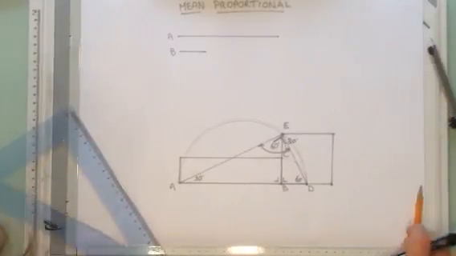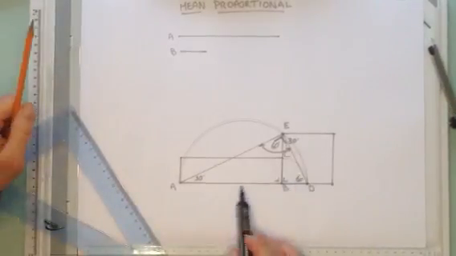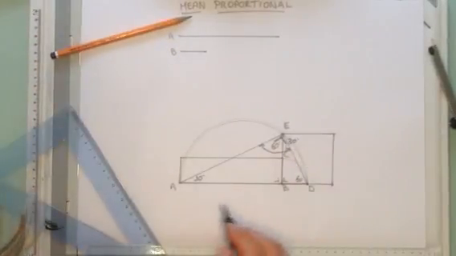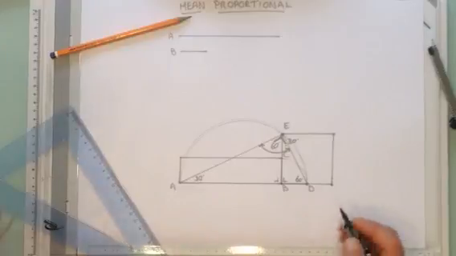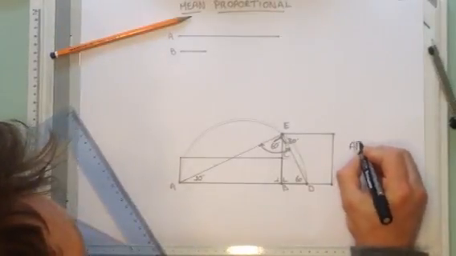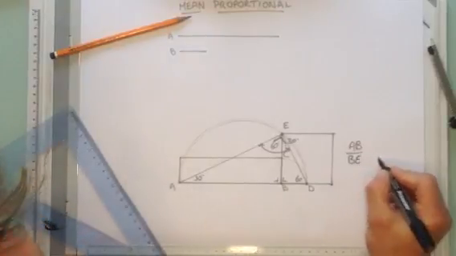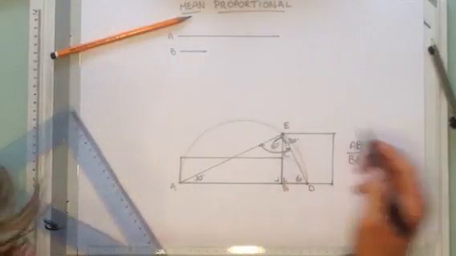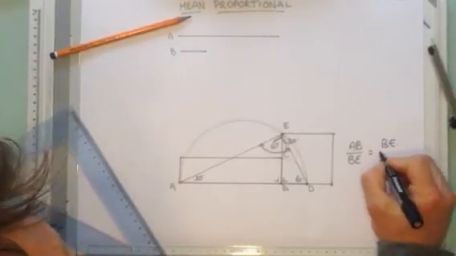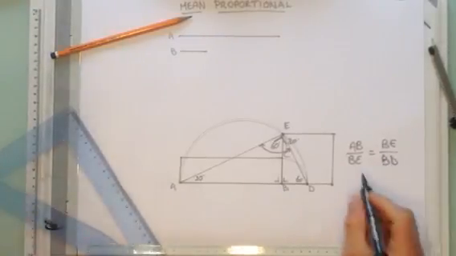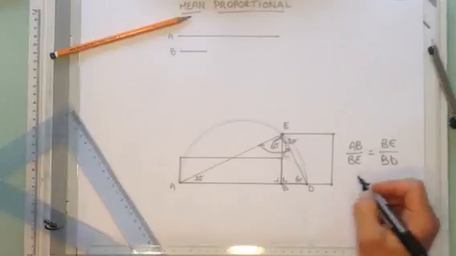From there then, if I want to find the relation between these two triangles and to find the length of that line, what I can do is get the line AB. I know the relationship between the line AB and BE is equal to the line BE in relation to the line BD. So by cross multiplication, I can work this out.